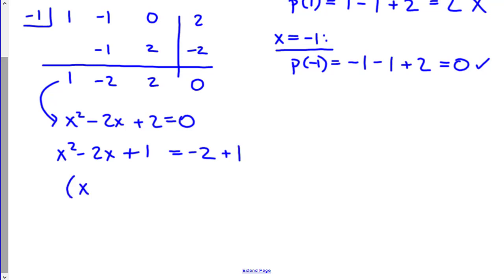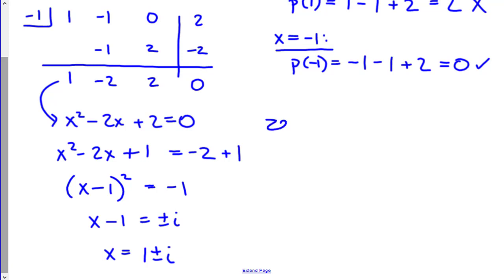So this factors into x minus 1 quantity squared equals negative 1. x minus 1 equals plus or minus i, or x equals 1 plus or minus i. So the zeros of this polynomial are negative 1 and 1 plus or minus i. And there's all three of them.